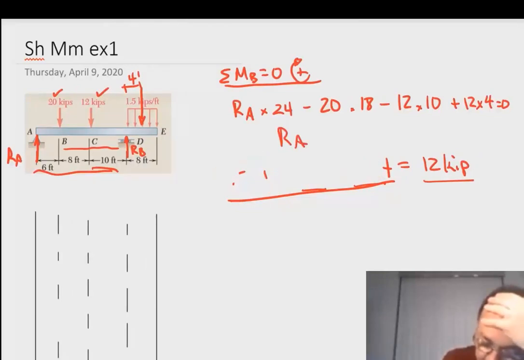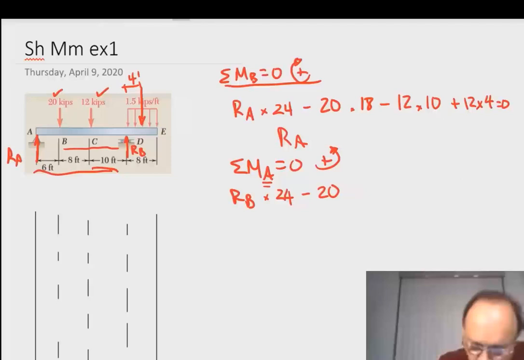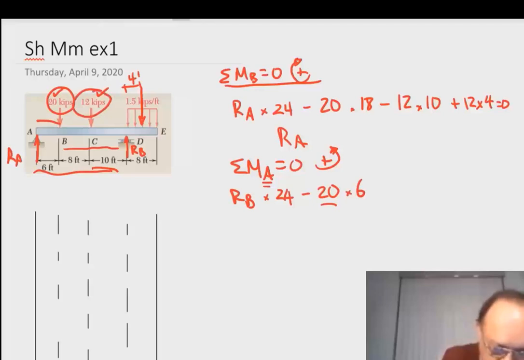And same thing for RB. You do summation of moments about the point A equals to 0. You do positive in this direction. You do RB times 24, minus 20 kips times the distance from the 20 kips to the point, which is just 6. The distance from 12 kips to the point is 8 plus 6, 14.